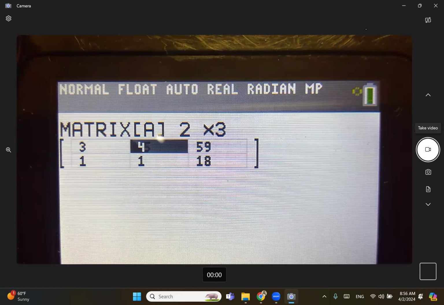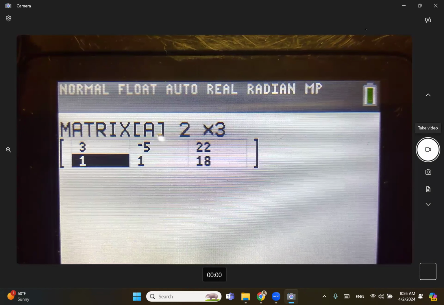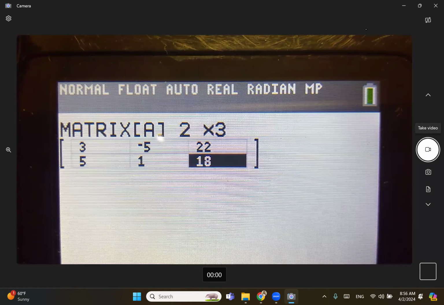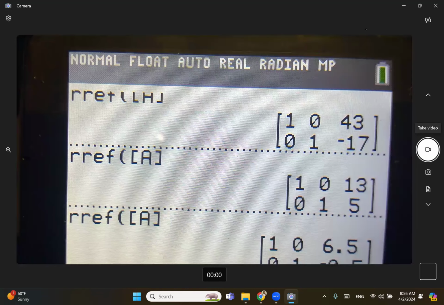Don't forget that is a -5. Second quit. And then fastest way, just enter.